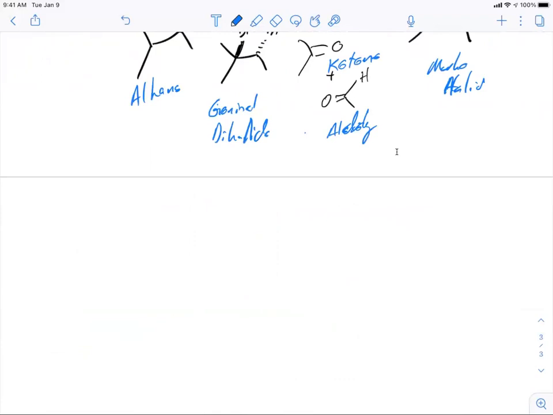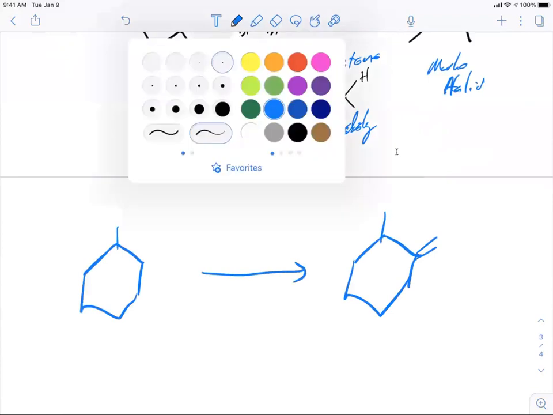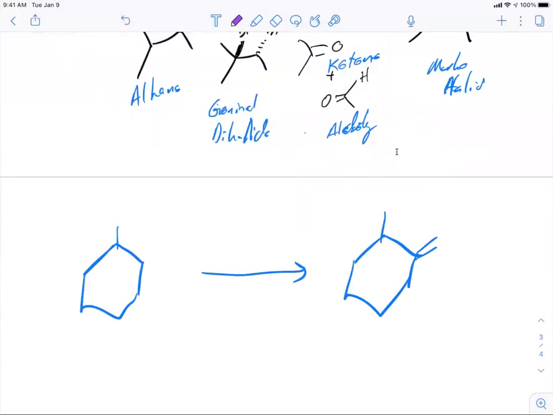So if we look at this process, so we're going to go from here to here. Okay. Again, what we want to do is we want to look at 1 first. 1 is carbon change. So here, if we look at it, I see 7 carbons. And here I see 8 carbons.